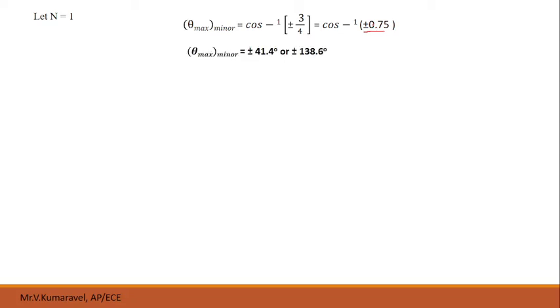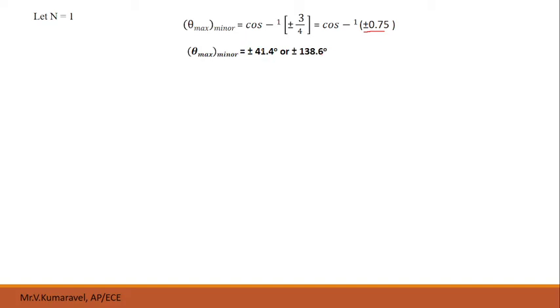Plus 0.75 is 41.4 degree, and cos inverse of minus 0.75 is 138.6 degree.